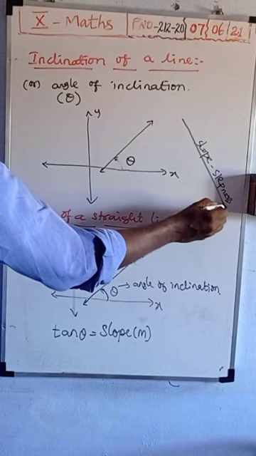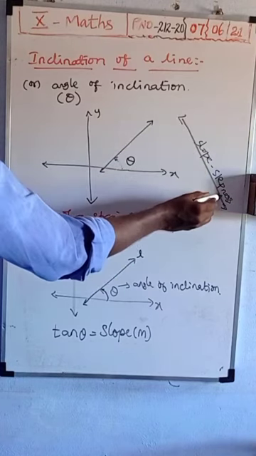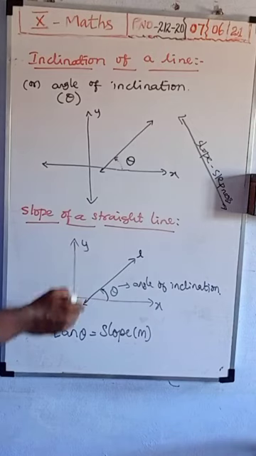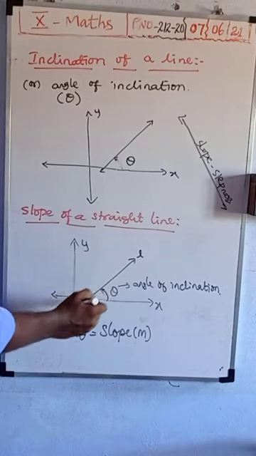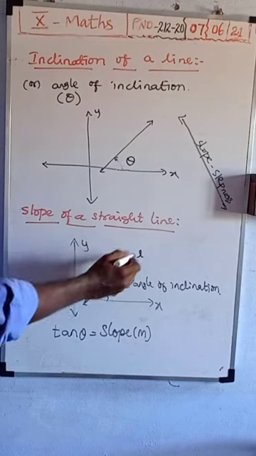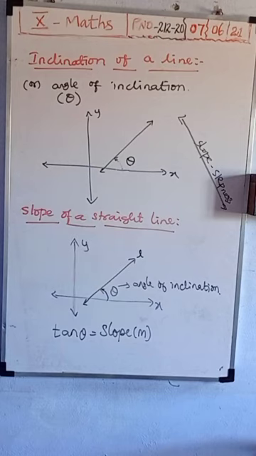In a non-vertical line we get a steepness, and the measure of steepness is called slope. So the definition is: theta is the angle of inclination of a non-vertical straight line.